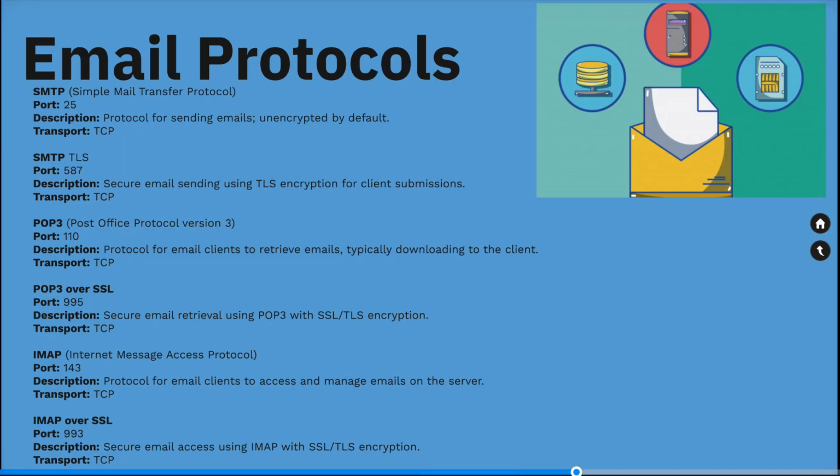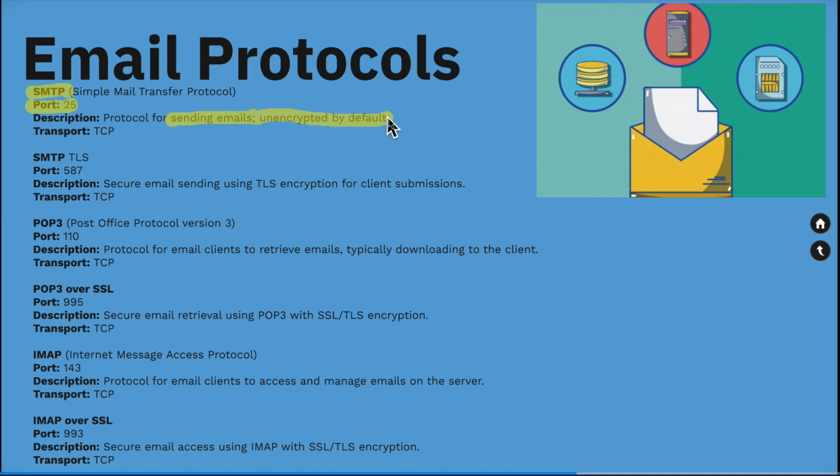All right, next we have a whole bunch of different email protocols. First of all, we have SMTP, Simple Mail Transfer Protocol. The default port number there is 25. The important thing for email is that this is utilized to send emails.